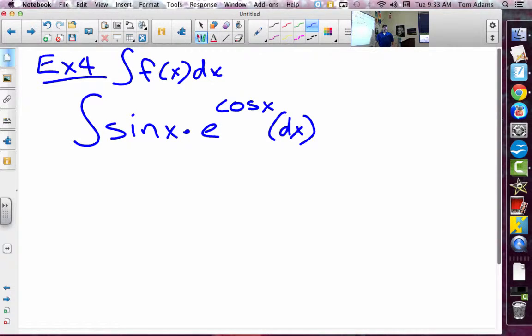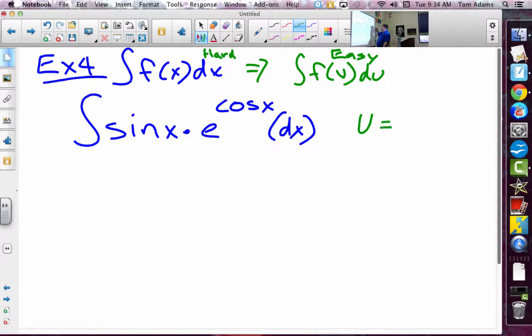Well, that's hard. So our goal then is to arbitrarily choose some u value so I get f of u du. That's easy. I want to be able to do this and make it a little easier.